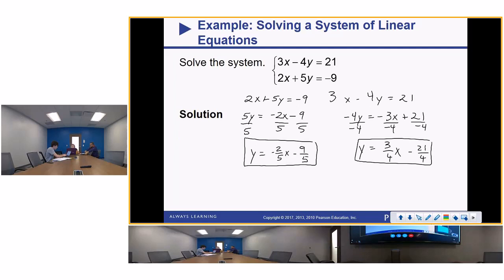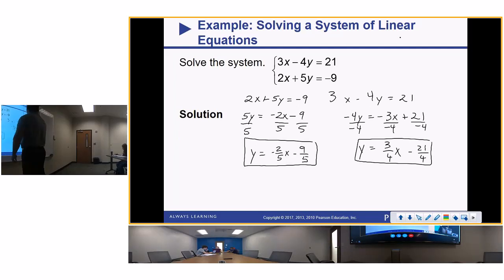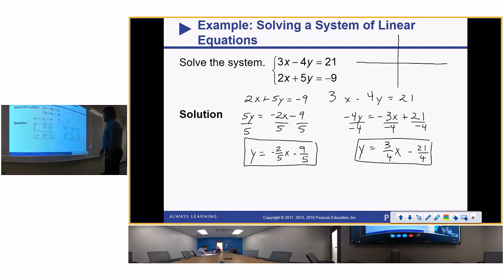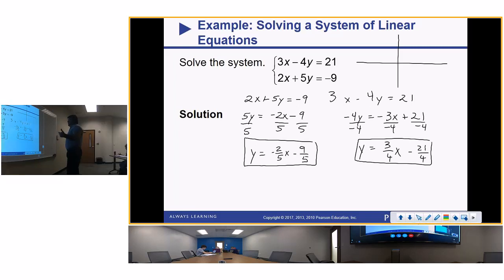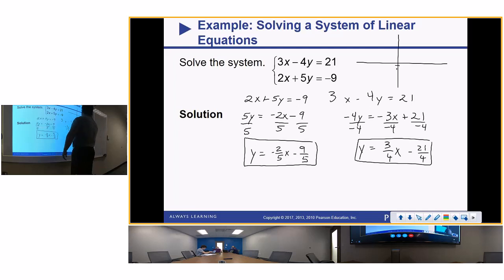So, if we graph the first one, we've got 3/4 x, it's a positive slope. Negative 21/4 is what? Negative 5 1/4. So 1, 2, 3, 4, 5, 6. 5 1/4 would be right there.